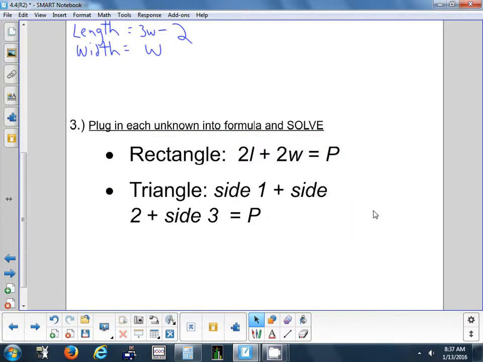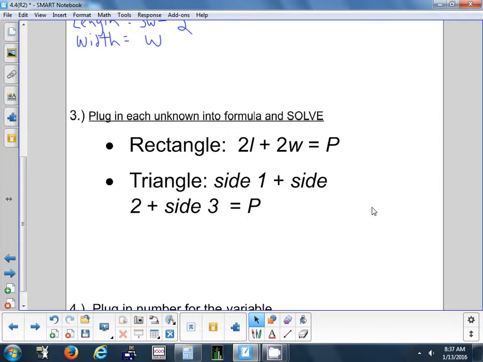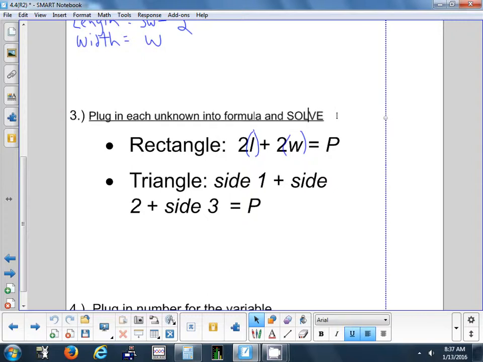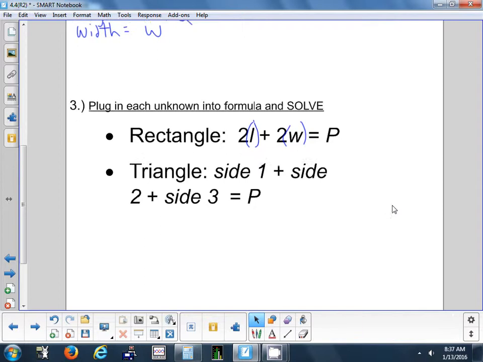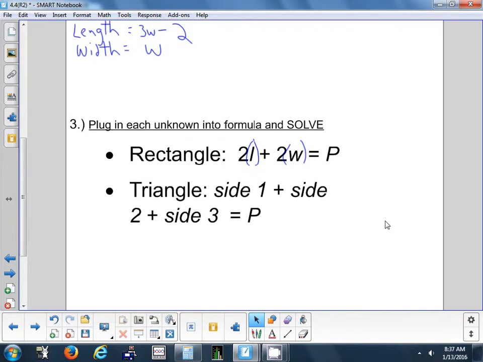Now remember, we don't have nice number values for this stuff yet. We're just going to plug it in based on what we know. And it might help you guys if you want to put parentheses around the L and parentheses around the W. All right, so for this problem, what formula am I going to use?